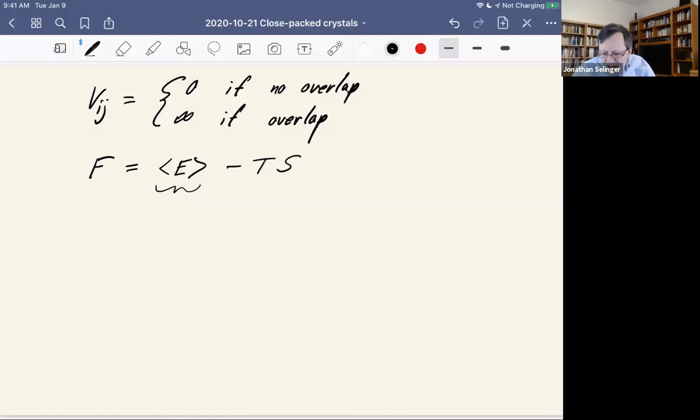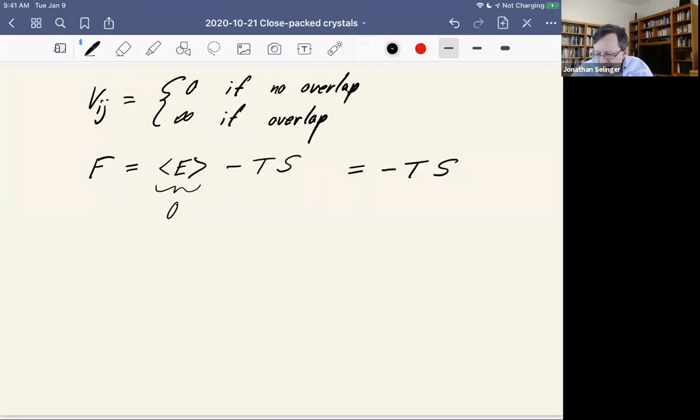Okay. So if you take the average over all the states that can happen, that's an average over states that have no overlap. So they have zero energy. So this average energy is zero. So the free energy is just minus temperature times entropy. Right? This system just has entropy and not energy, so the phase transitions are entirely controlled by entropy, right?